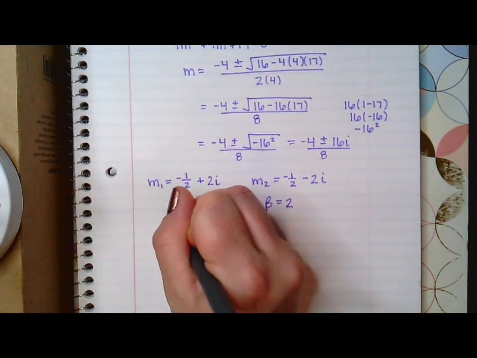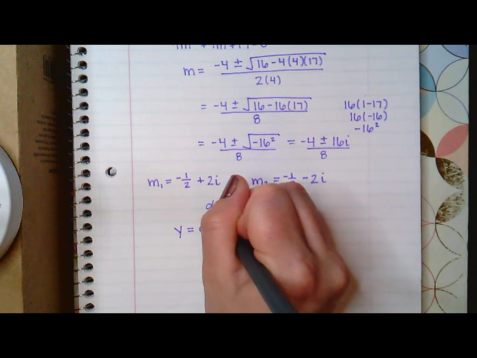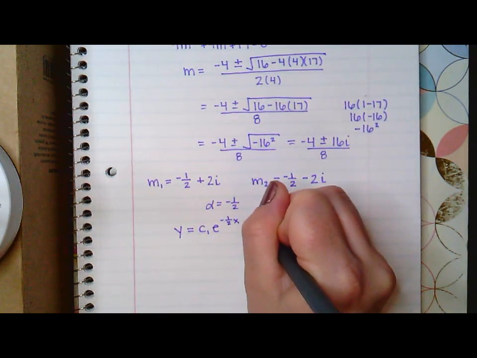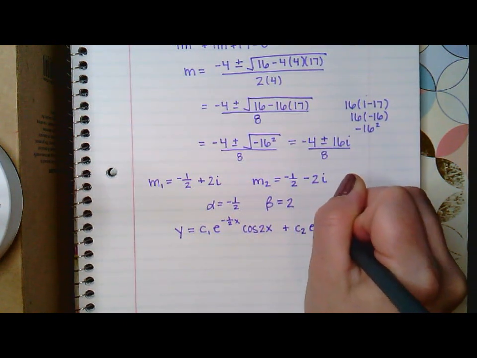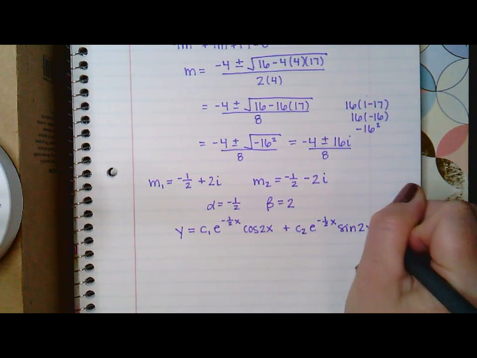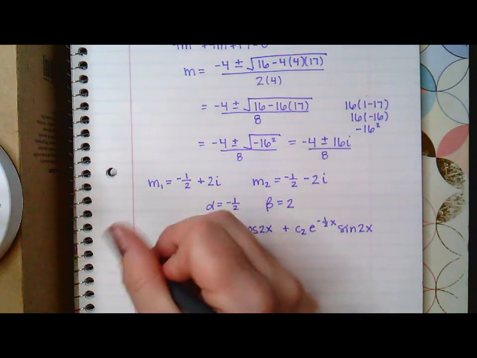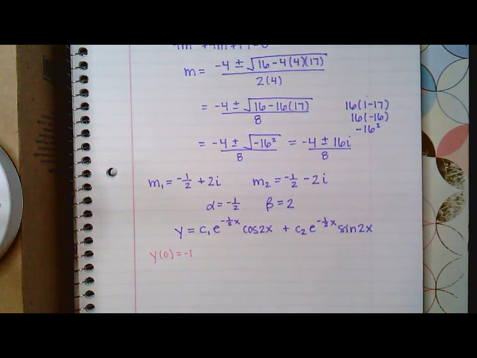All right, that tells me that my solution curve is going to be C1 e to the -1/2 x cosine 2x plus C2 e to the -1/2 x sine 2x. I then have two pieces of information that were given to me at the beginning of the problem. The first is that y of 0 is -1.